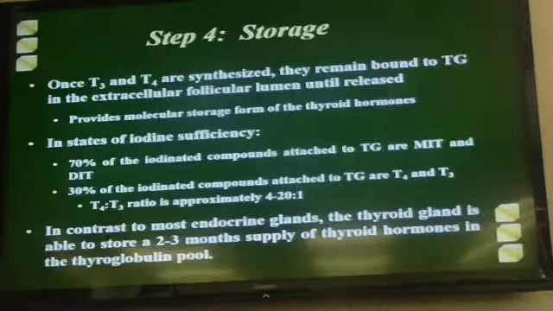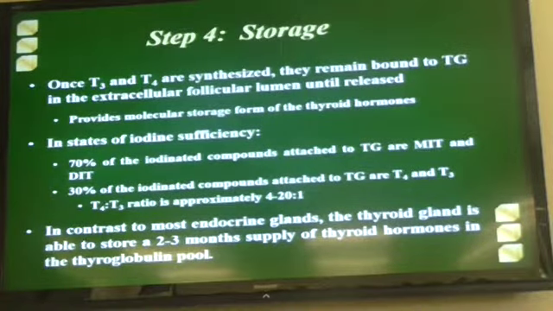Okay. Now we have storage. Once those T3 and T4 are synthesized, they remain bound to your thyroglobulin, so they're stored inside the follicle. Okay. Now, this gives you basically a good amount of storage for this.